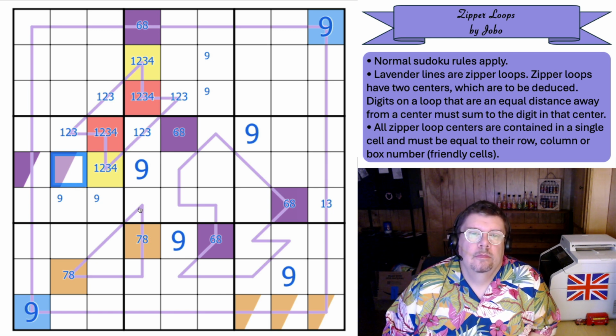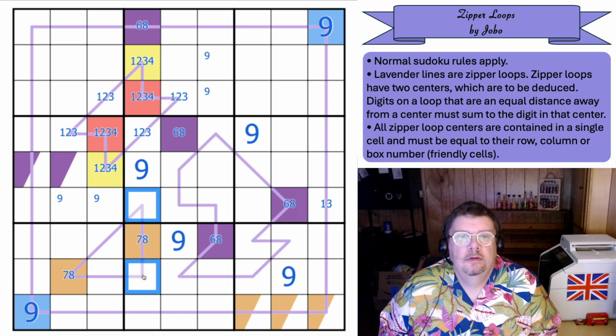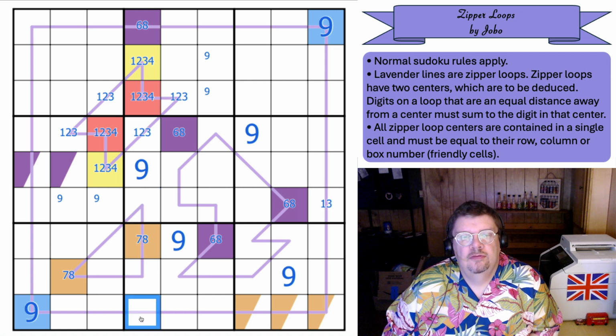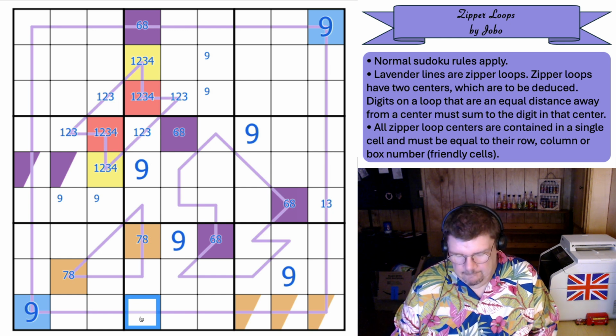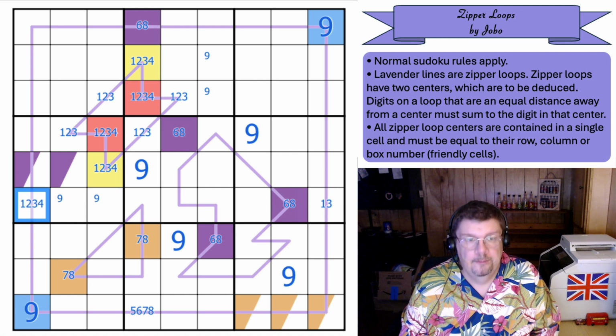So we do have a virtual 1, 2, 3, 4 that uses that. So this is 5, 6, 7, or 8. Which makes this a 1, 2, 3, or 4.